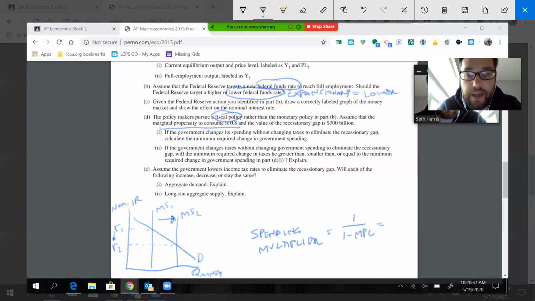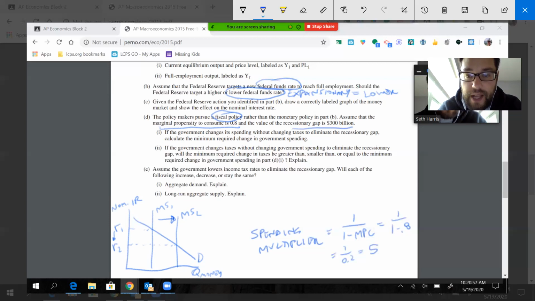In this case, we have 1 over 1 minus 0.8, which is 1 over 0.2, which equals 5. Okay, so anything the federal government spends is going to be multiplied by a factor of 5 for its ultimate effect on real GDP. So now we got to go back to this question.